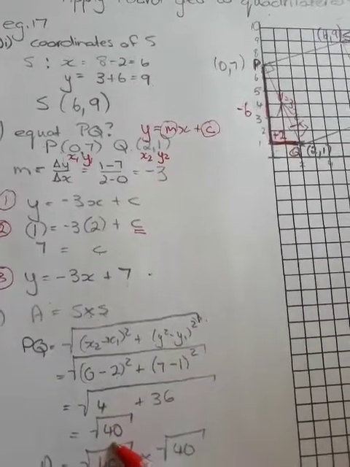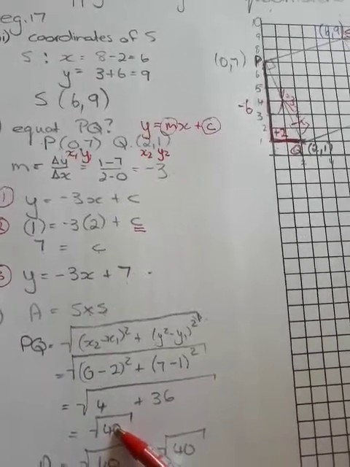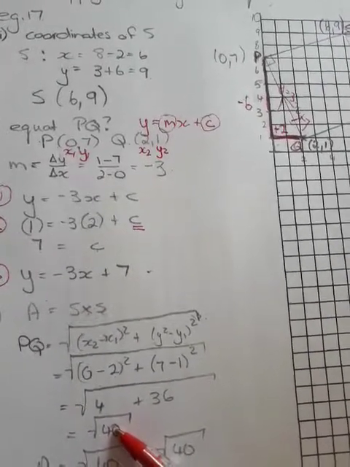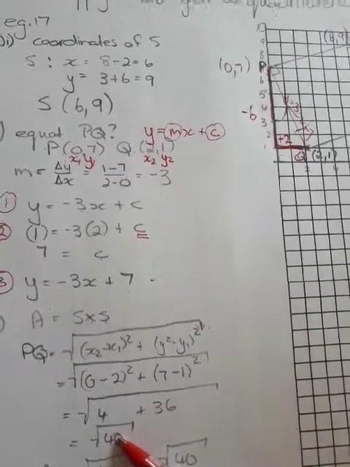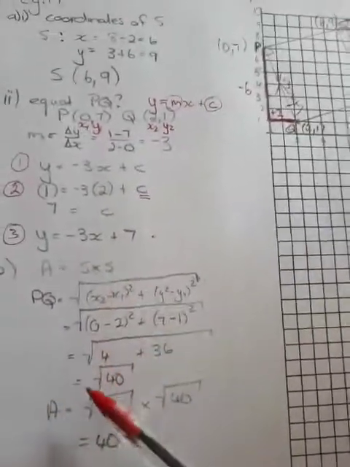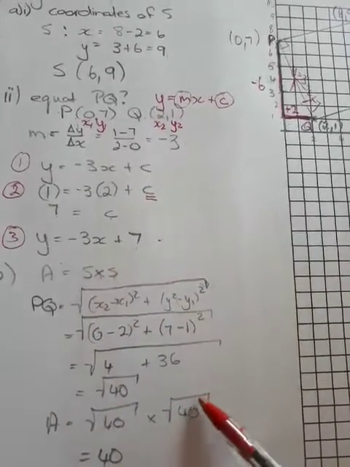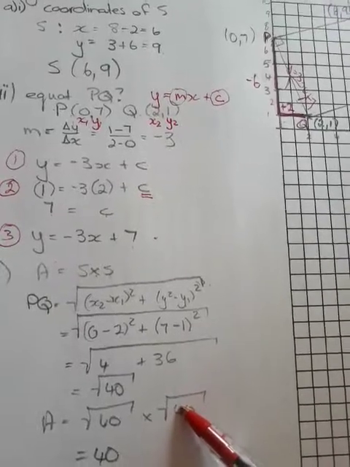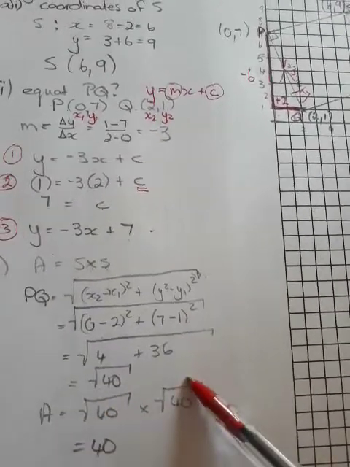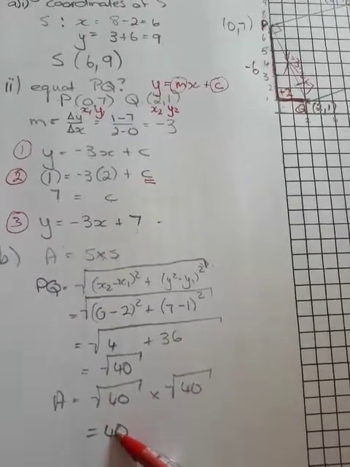And when we calculate that, our length for PQ is the square root of 40. You will now not take the square root, people, because you still need to do the area calculation. So one side is the square root of 40 times the second side, which is also the square root of 40. And when you calculate that, you will get an answer of 40 square units.